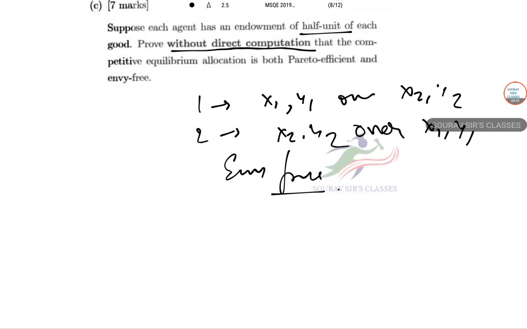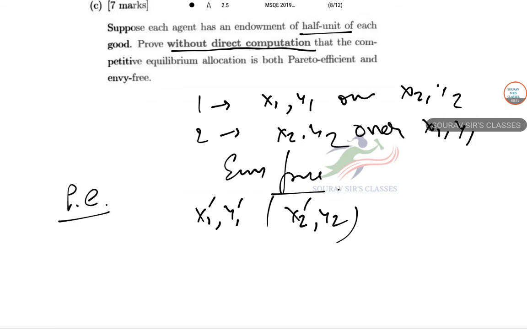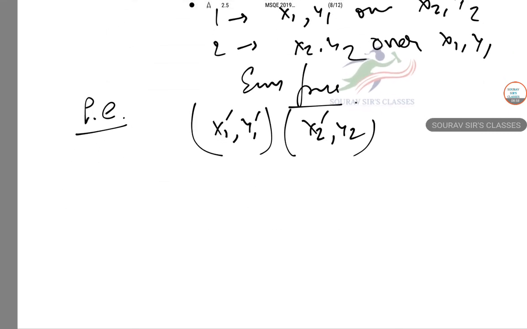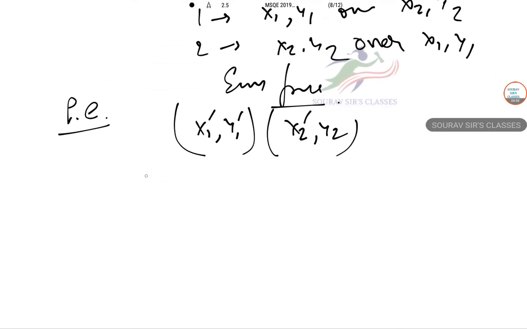So this will also be Pareto efficient. We need to prove Pareto efficiency. Suppose, for contradiction, that there exists an allocation (x1', y1') and (x2', y2') that Pareto dominates the competitive equilibrium allocation. Suppose that agent i strictly prefers this over (xi, yi).